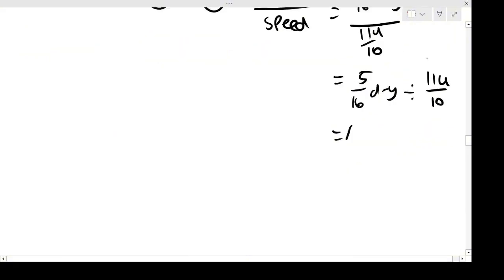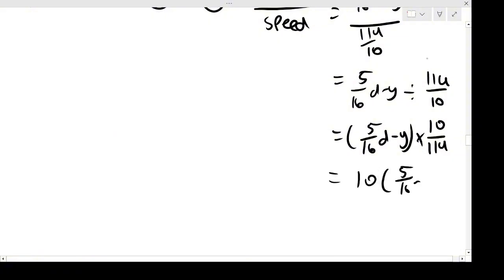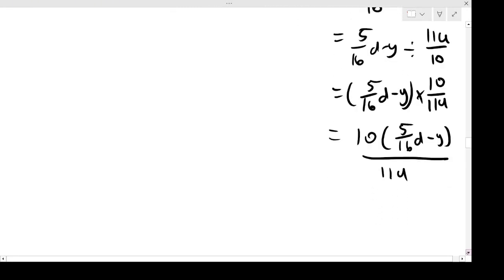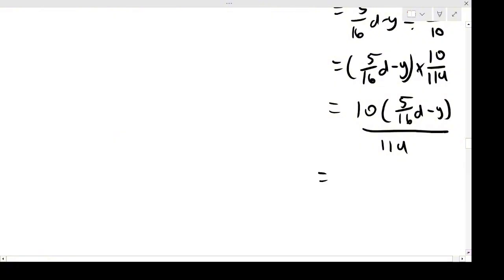And so this is then going to be 5/16 d take away y, times, and then we flip the fraction to 10 over 11u. And so that's going to be 10 lots of 5/16 d take away y, all over 11u, and then we can expand the bracket on the top. So that's going to be 50/16 d take away 10y over 11u.